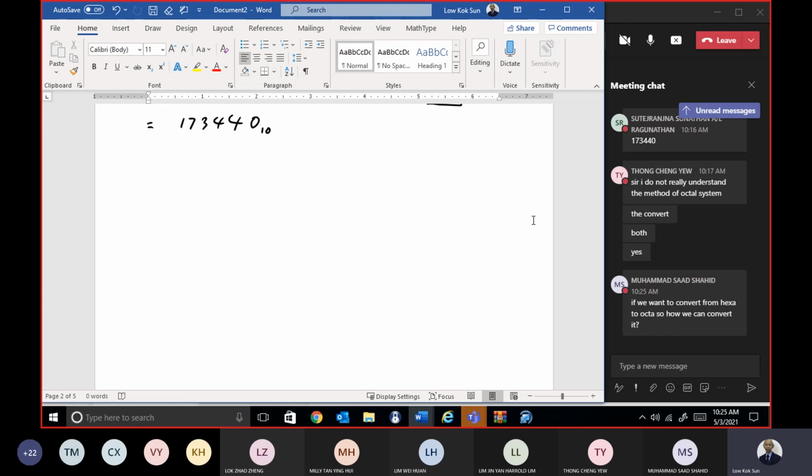convert system 2 to system 4 or system 2 to 8? Then there's a shortcut.